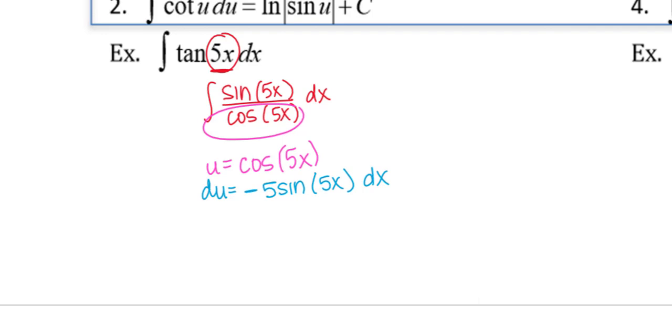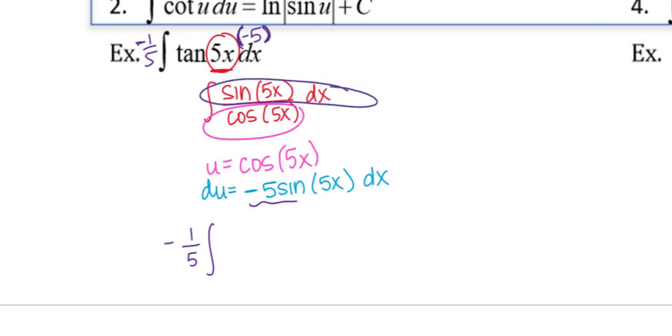All right, well, if I multiply the numerator here in my integrand by negative 5 and outside by negative 1/5, you're going to have exactly what you need. So here's negative 1/5, antiderivative of du, right? I should have probably shown the negative 5 here and the negative 1/5 here.